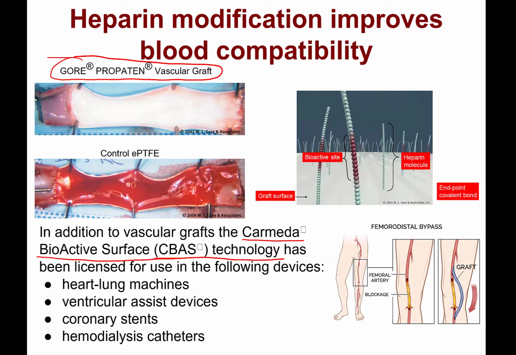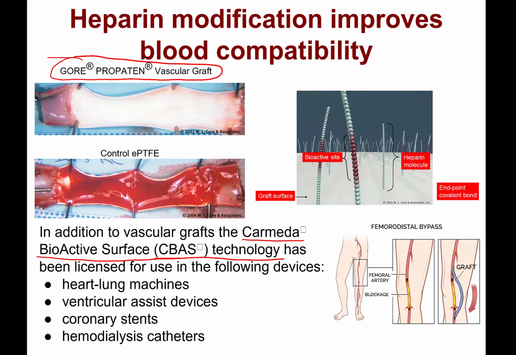But actually, what they do is first modify the surface of the vascular graft, which is polytetrafluoroethylene based. They do this with a layer-by-layer assembly process, like in the homework problem from homework 2. They build up a polymer multilayer via the layer-by-layer process, and the final layer has amine groups on it.